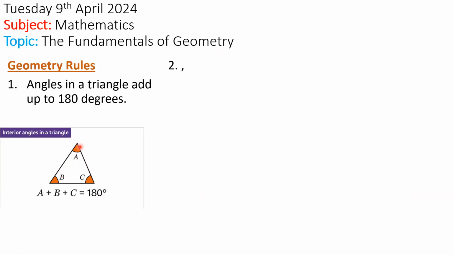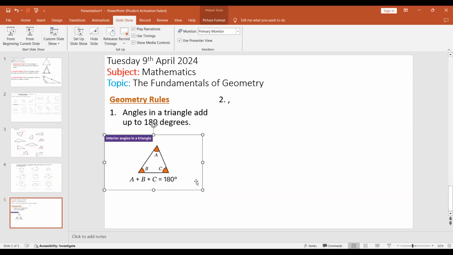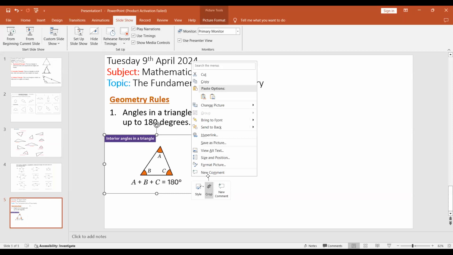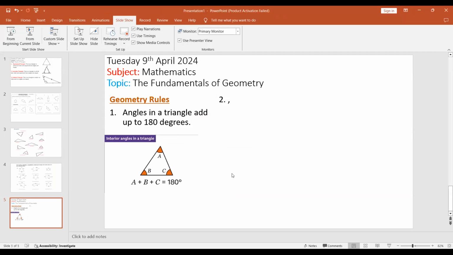The sum of these angles is equal to 180 degrees. So A plus B plus C equals 180 degrees. That's what we mean when we say that the sum of the angles in a triangle adds up to 180 degrees. Let me ask it again. What does the sum of angles in a triangle add up to? 180 degrees. Okay, so that's the first rule.